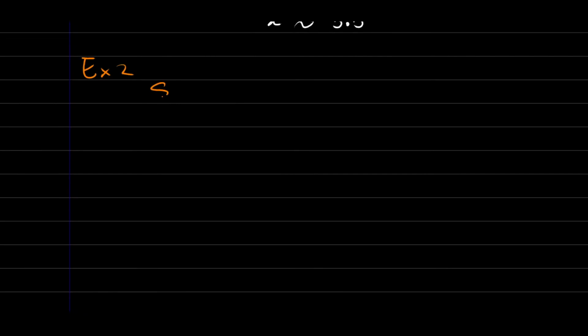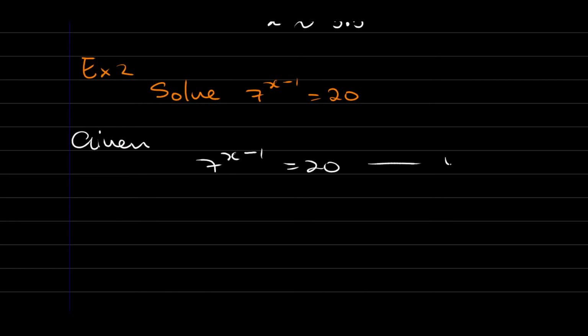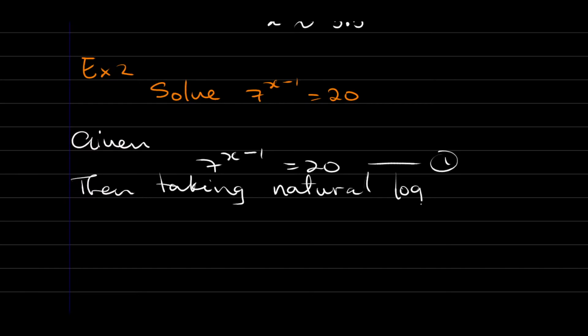Example 2. Let's solve 7 to the power of x minus 1 equal to 20. Given that 7 to the power of x minus 1 is equal to 20, let's call this equation 1, then let's take natural logs both sides.